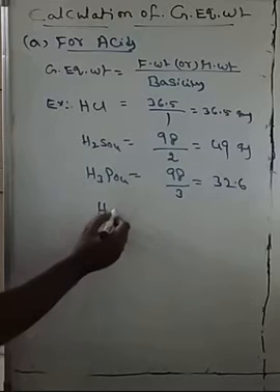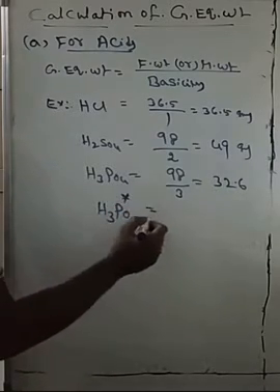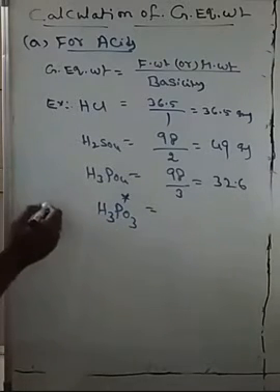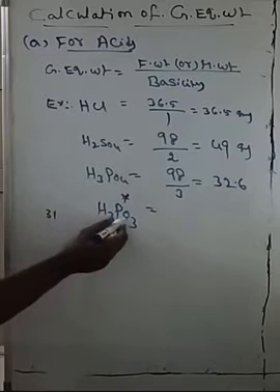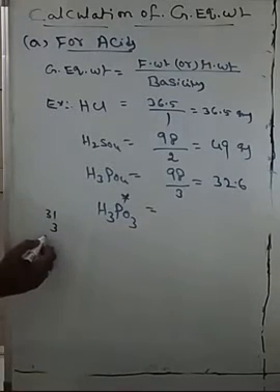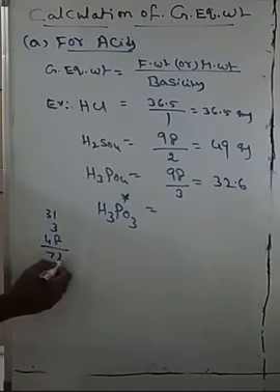Whereas H3PO3, here H3PO3 molecular weight is how much? Phosphorus 31, hydrogens 3, each oxygen 16, 16 into 3, 48. Total 72.